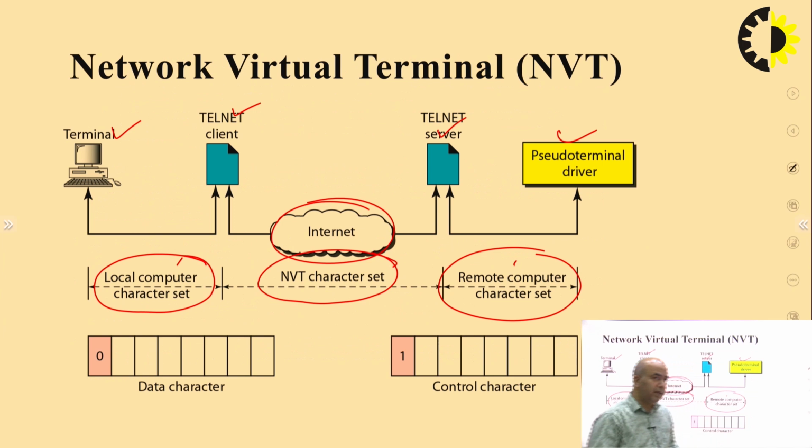So the client side has its own character set, the server side has its own character set, and NVT acts as a bridge between these two character sets so that they can communicate with each other.